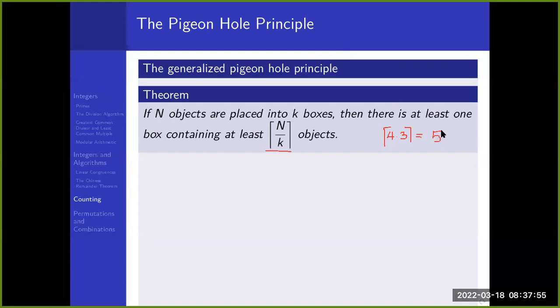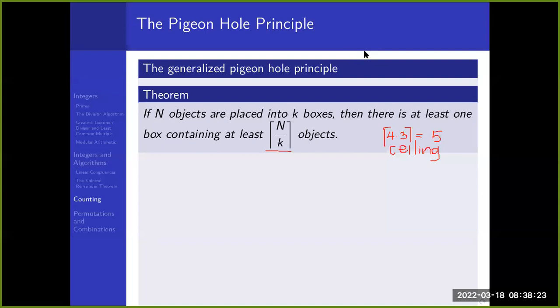The ceiling of 4.3 is just the next integer bigger than 4. That's what the ceiling function means. So I hope that makes sense.